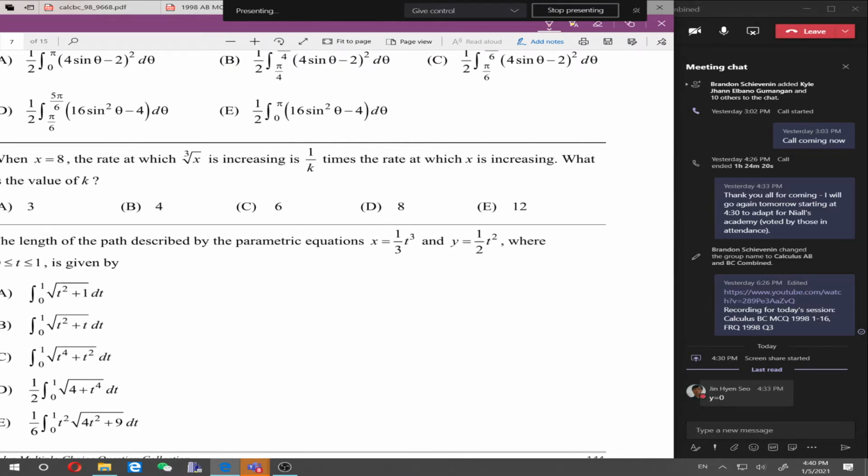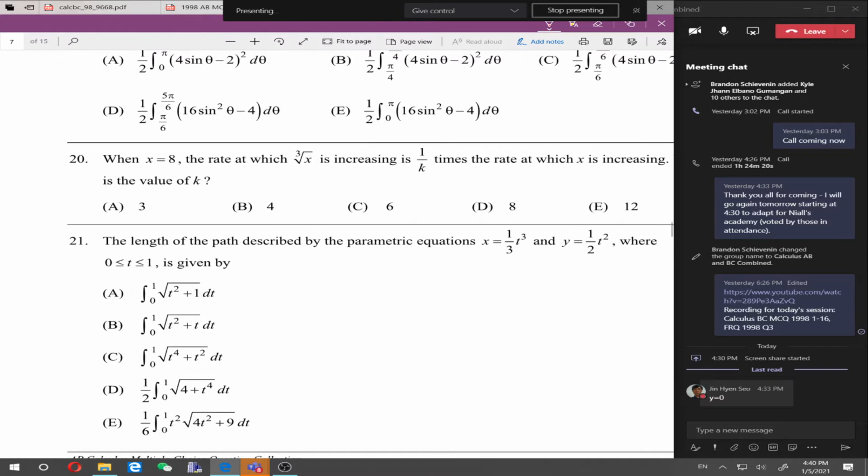So if I wanted to set this up, trying to figure out where I have space, I guess here on the left. Whenever my x value is 8, the rate at which my cubed root of x is increasing would be 1 over k times the rate at which x is increasing.